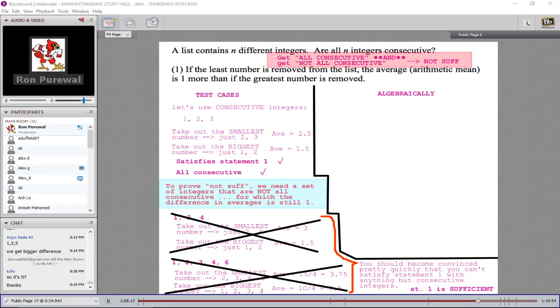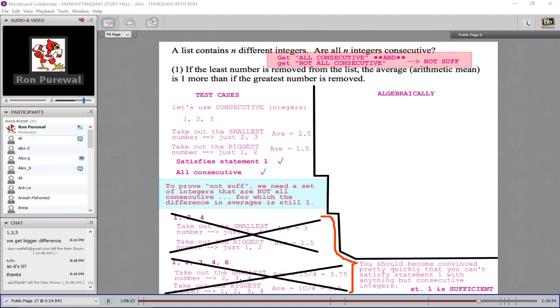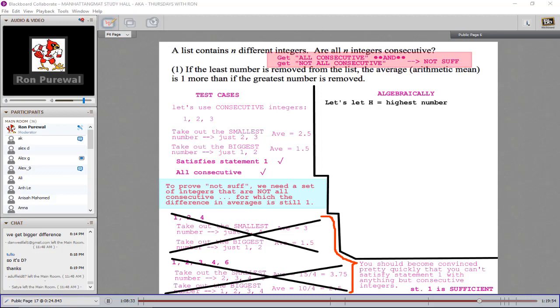In the meantime, let's go ahead and start setting up algebra here. We're going to need variables for the biggest and the smallest things. Let H be the highest number in the set, and let L be the lowest number in the set.